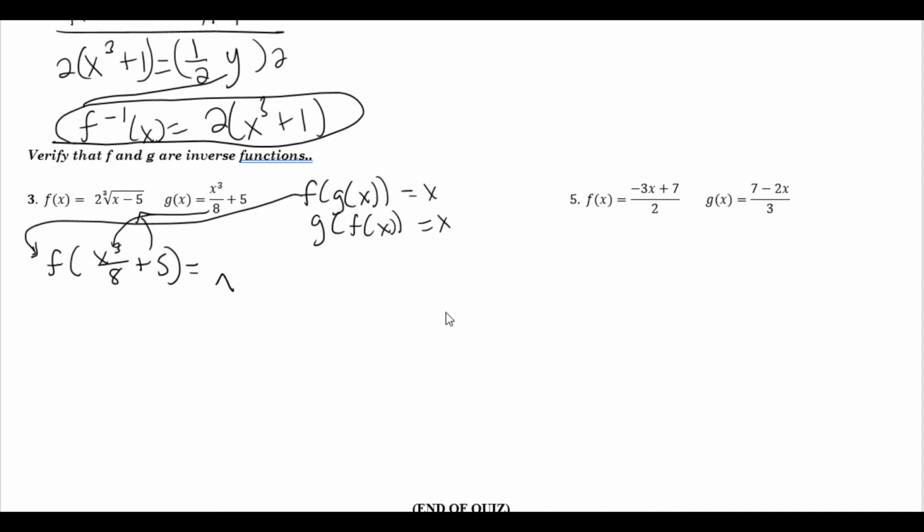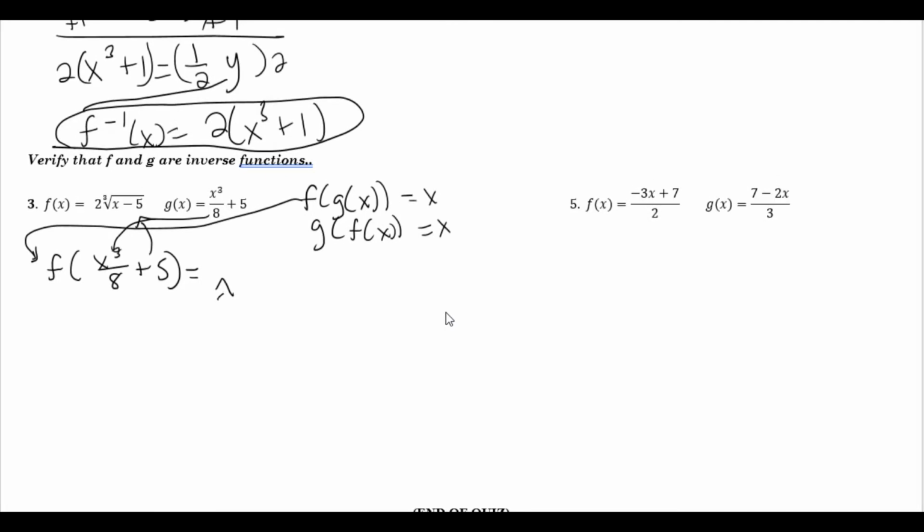So we have 2 times the cube root of x minus 5. So x gets replaced with that. So that's x, and then you've got your minus 5. All right, so notice that the 5's cancel there.